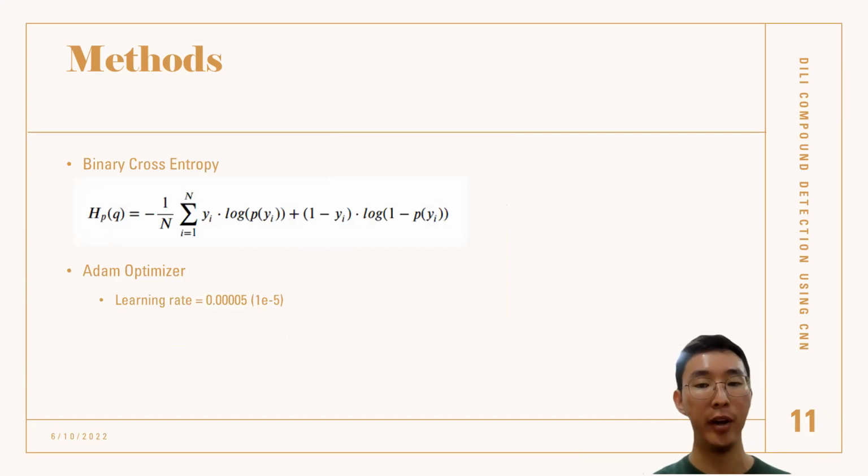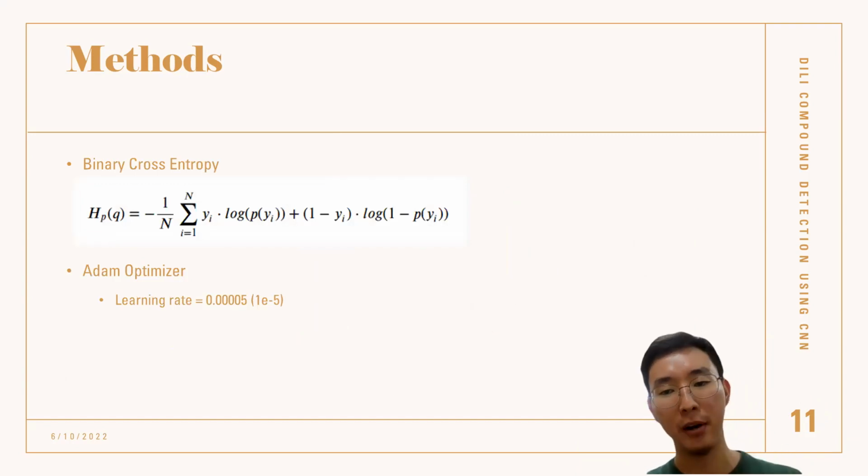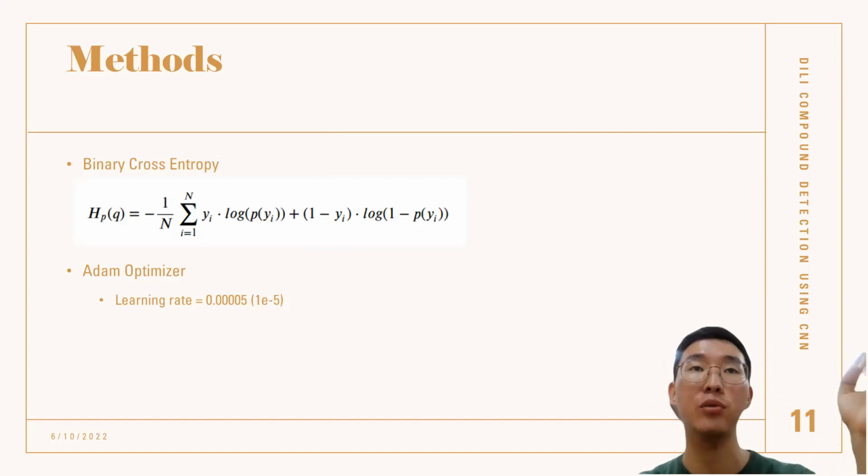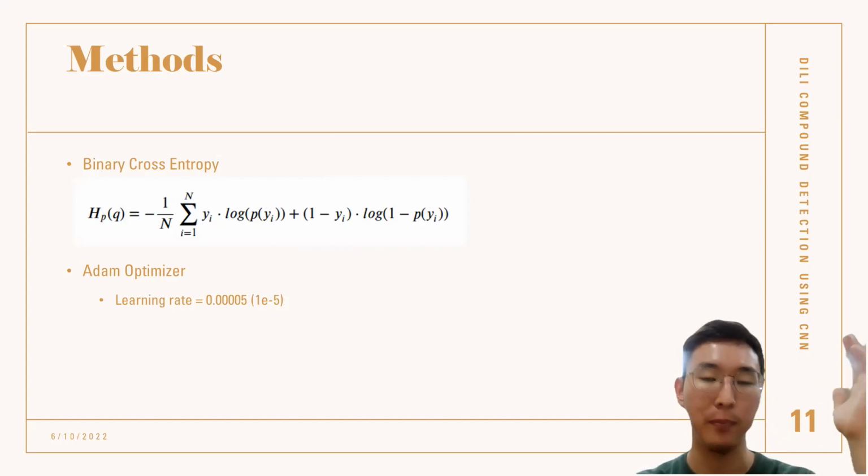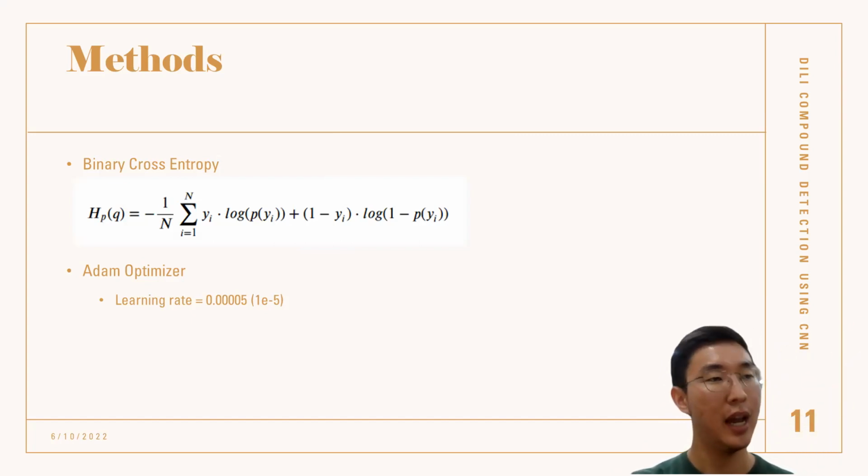I have used binary cross entropy, which compares each of the predicted probabilities to the actual class of output, which can be either 0 or 1, since we are using binary classification. I've also used the Adam optimizer. I didn't tinker with hyperparameters such as weight decay and so on, and I only changed the learning rate; the others were all default values.